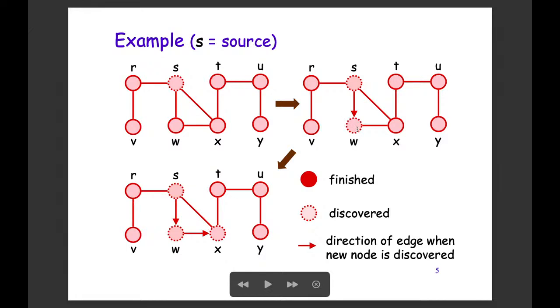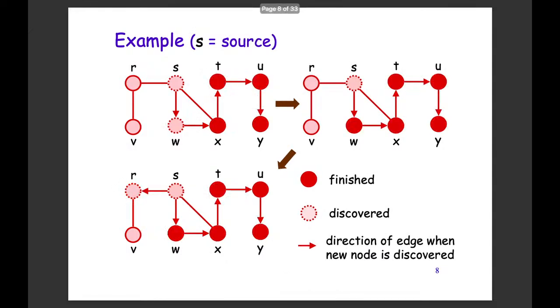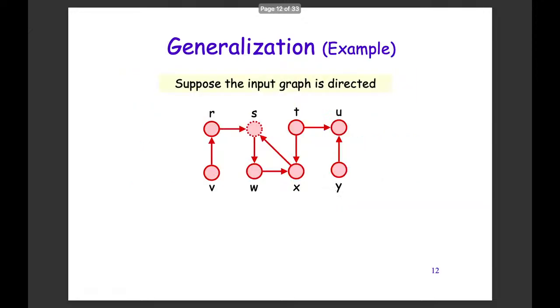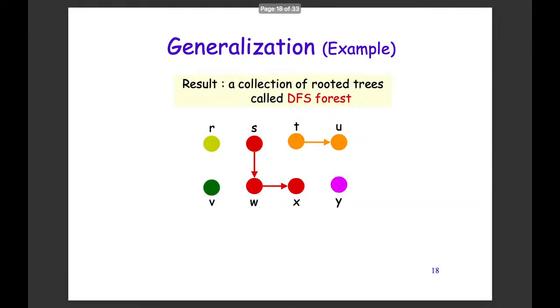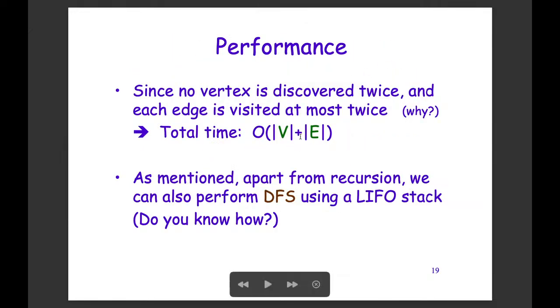Notice that there is no other time we are going to see this edge again, because when we are at X, we will only see the edges connected to X. So every edge in the undirected case is seen exactly 2 times. So the total running time, therefore, is order of V plus E.